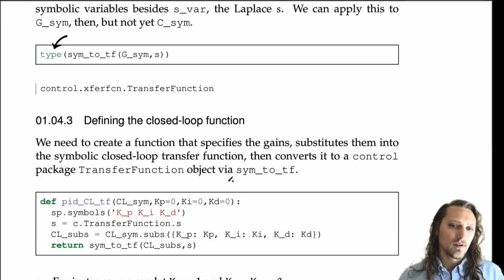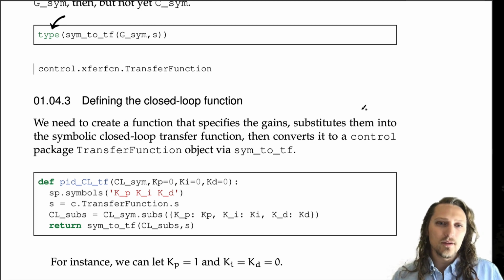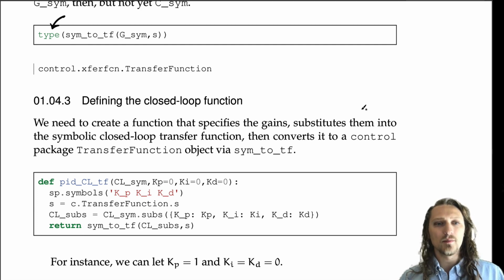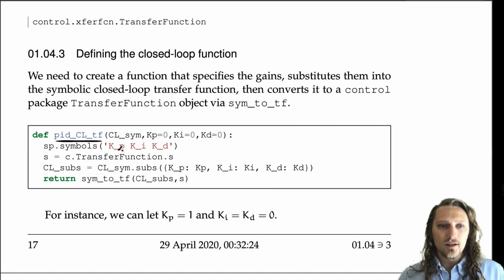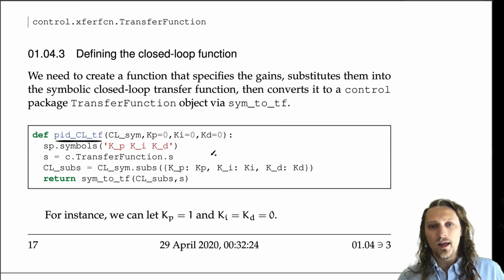We've created this routine. So now, defining the closed loop function. We need to create a function that specifies the gains, substitutes them into the symbolic closed loop transfer function, then converts it to a control package transfer function object via sim2tf. So we'll make this function called PID_CLTF, which takes in a closed loop symbolic transfer function and the 3 gains.